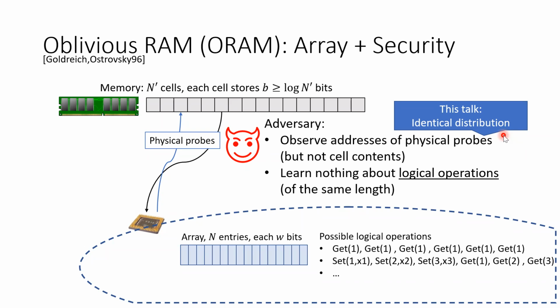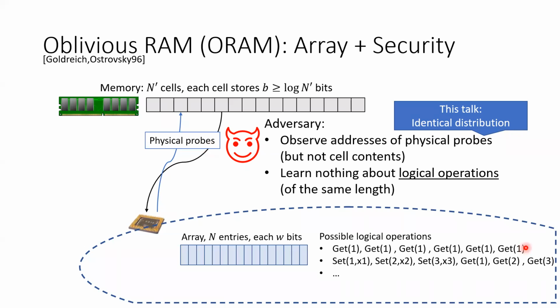So by perfect, I mean for every possible logical operations of the same length, the corresponding physical probes yielded when the data structure performs this sequence of logical operations are identical in distribution.